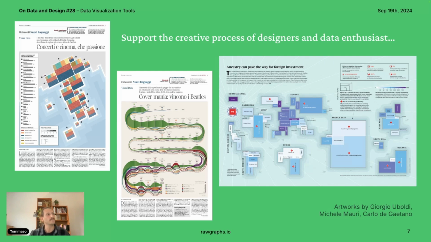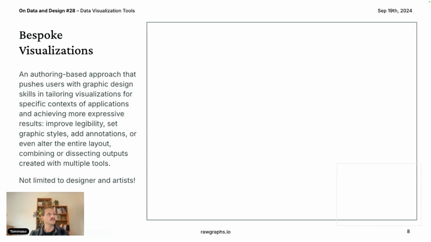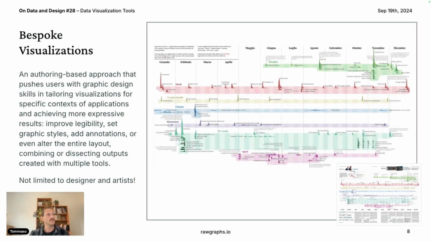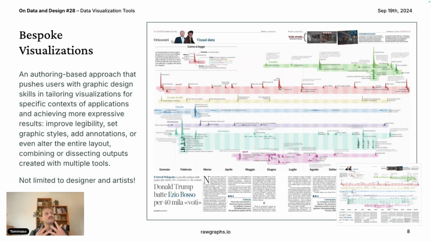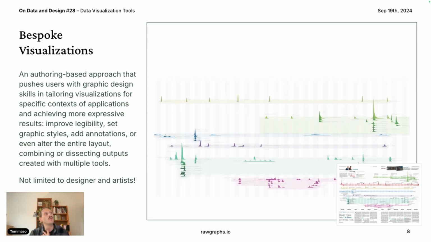So something that is related to tailoring visualizations in order to make them intriguing in a way, but also compliant with the context in which a visualization will land. So, for example, newspapers we can see here, but we can think also about presentations, web pages, museum walls, whatever. This kind of visualization, we refer to as bespoke visualization.